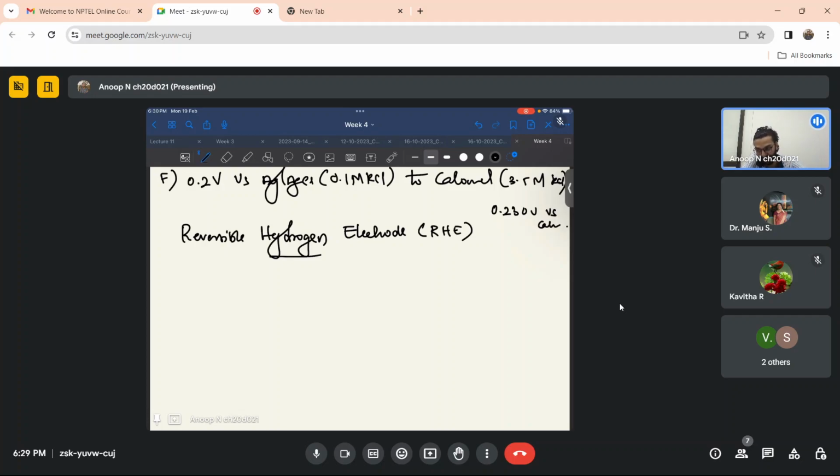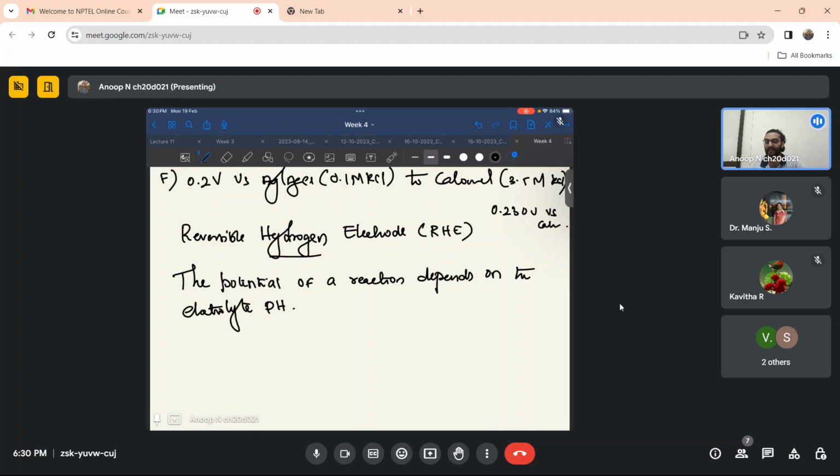Here the potential is represented in a way that is corrected for the pH of the solution, because the potential of a reaction depends on the electrolyte pH.